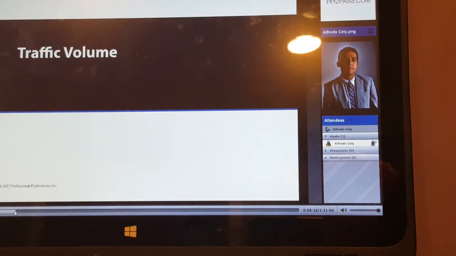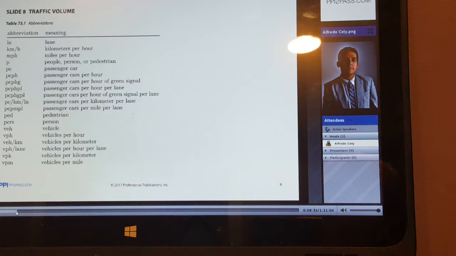So let's start with our first concept of traffic volume. Now here's some key abbreviations when we're dealing with traffic volume.